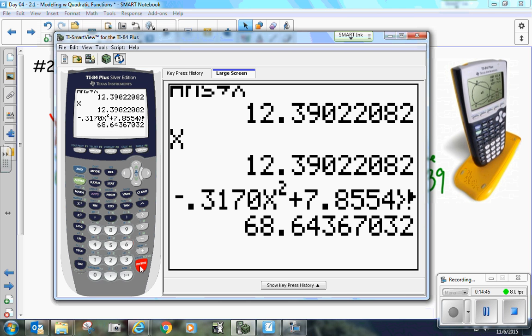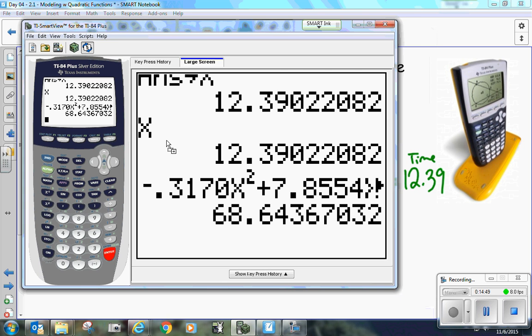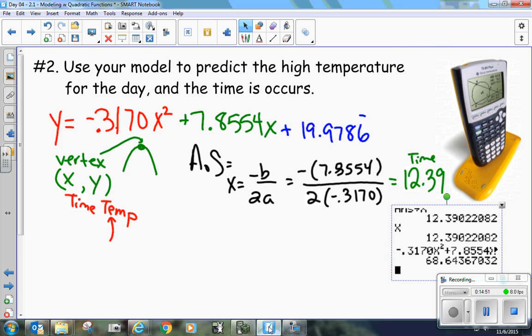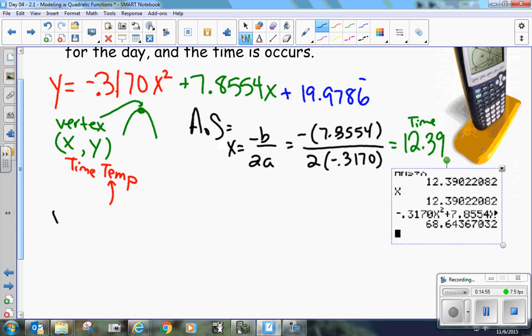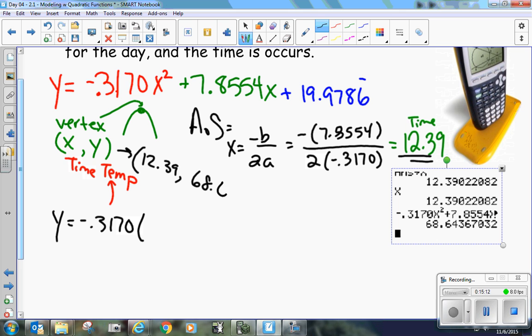68.643. Let's go 1 decimal place because it's temperature. 68.6. So if I do this here, I get 68.6. So how did I do this? I take my y, and I have negative 68.3170 times my x value. My x value is now 12.39, and what was the y value I got? 68.6, we'll call it.